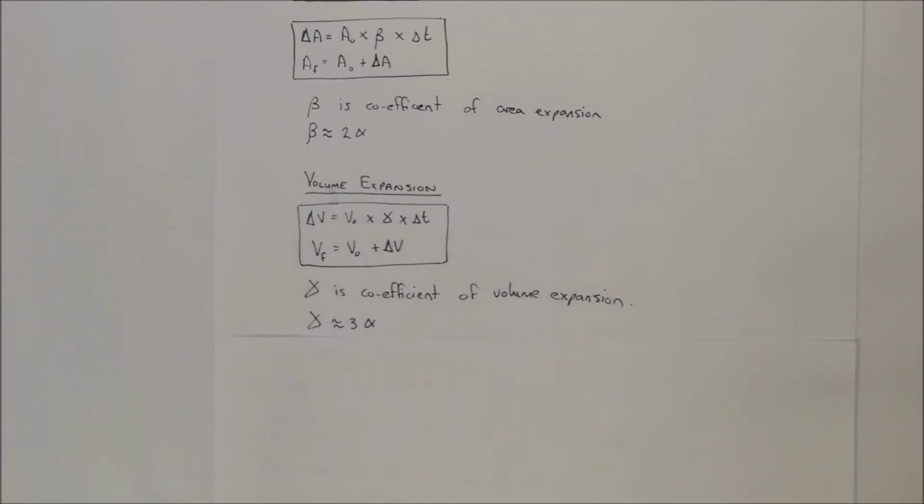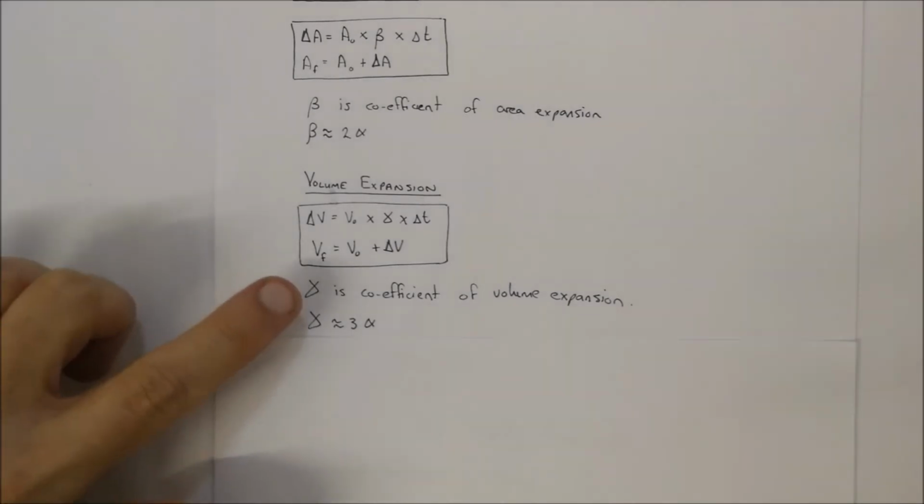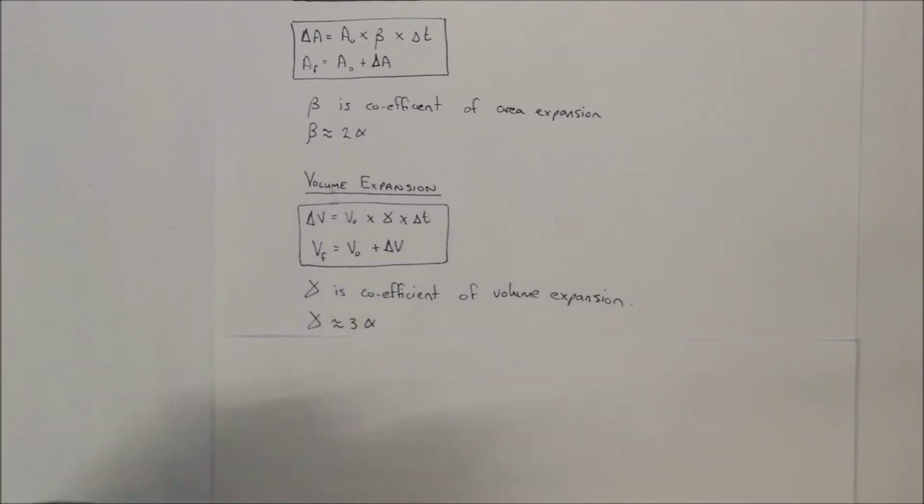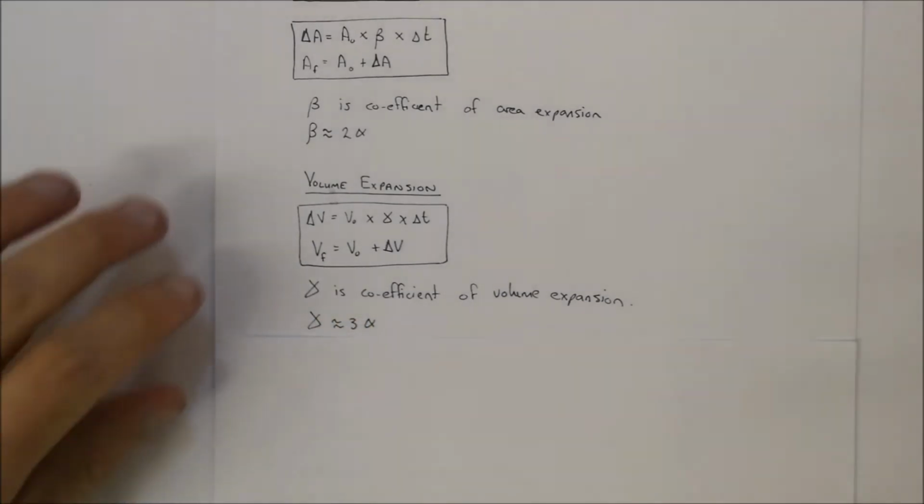Gamma is the coefficient of volume expansion, and it is roughly equal to 3 times alpha. Again, it's not exactly accurate, but it's a good enough estimation. The final volume is equal to the original volume plus the change in volume.